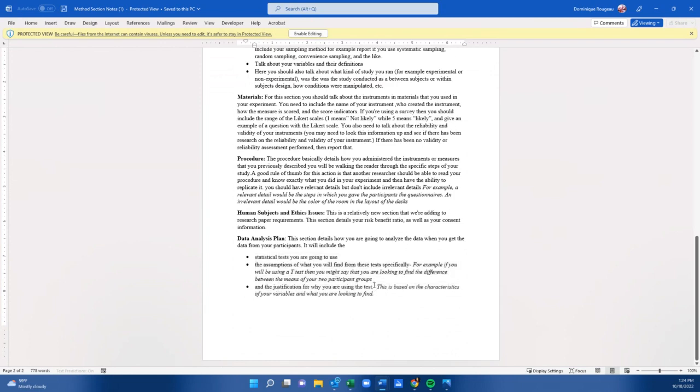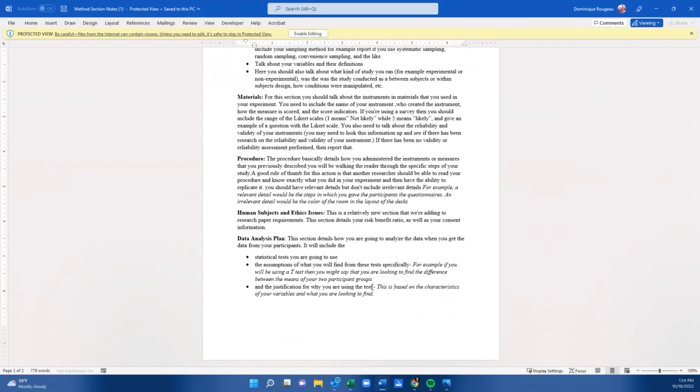Yeah, for the justification for why you're using the test, just talk about essentially why your variables are right for that test. Because not every variable is right for every test. If you have two means that you want to compare, then yes, that is why you're using the t-test.